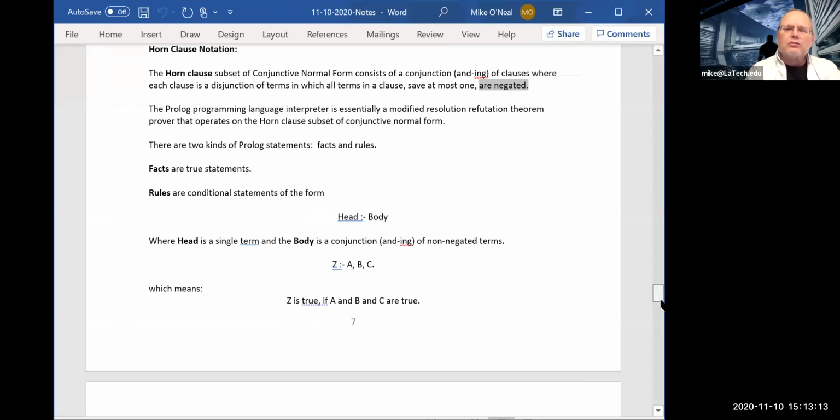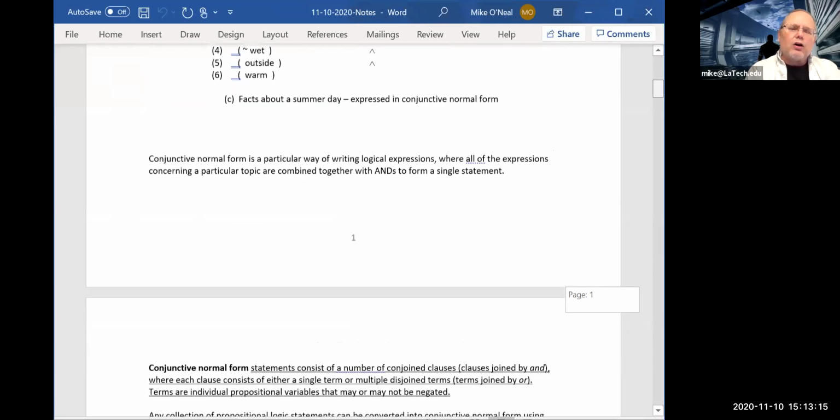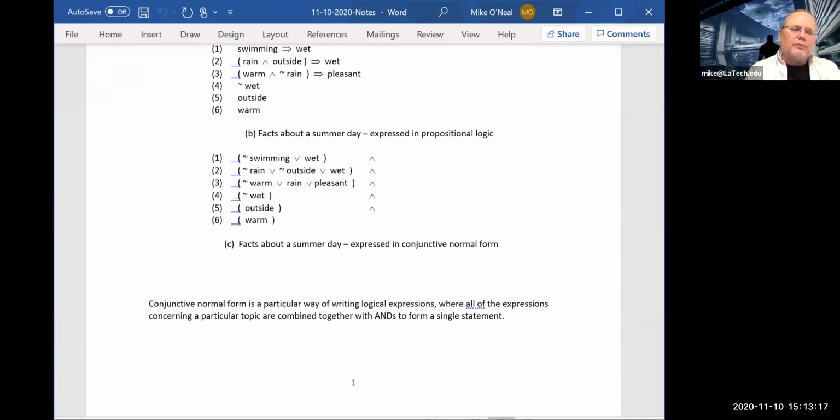Okay, so let's go back and see where we're already in horn clause notation. Well, this has one non-negated condition, and this has one non-negated condition. These two are negated. But this one has two non-negated conditions.